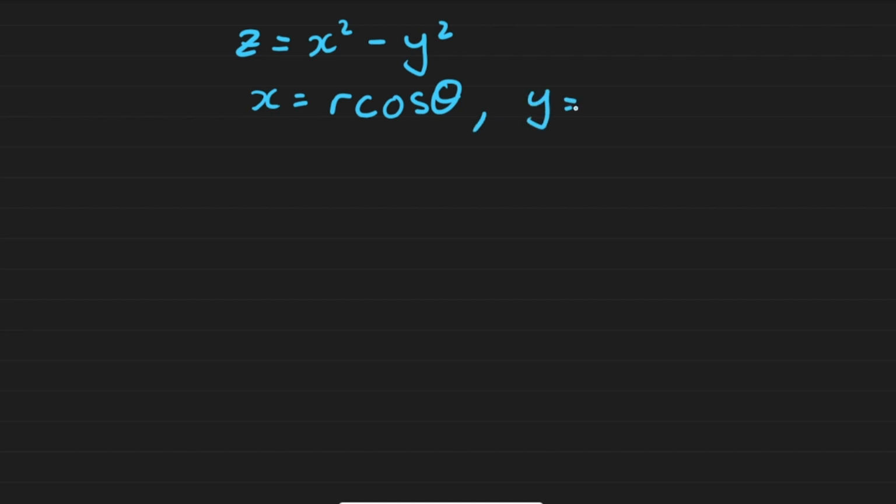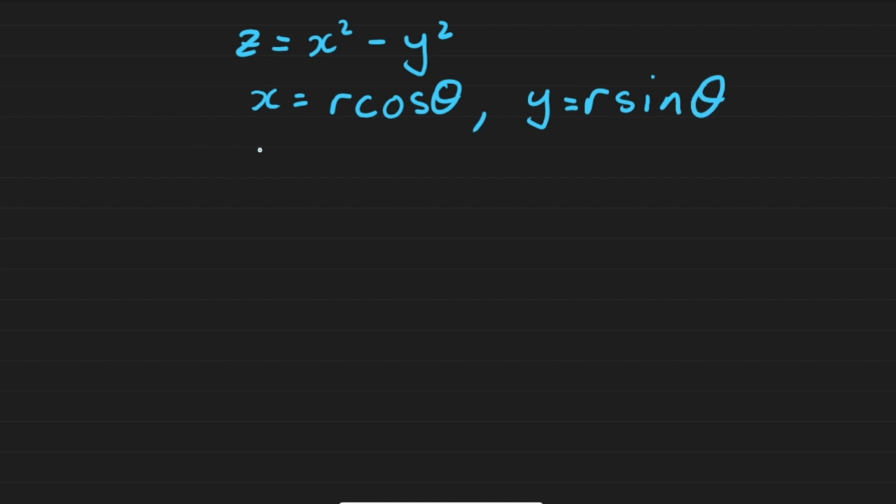We could have z equal to x squared minus y squared, and x is equal to r cos theta, and y is equal to r sine theta.